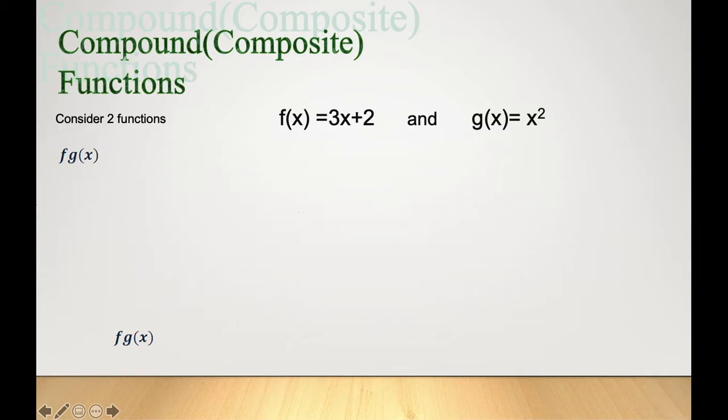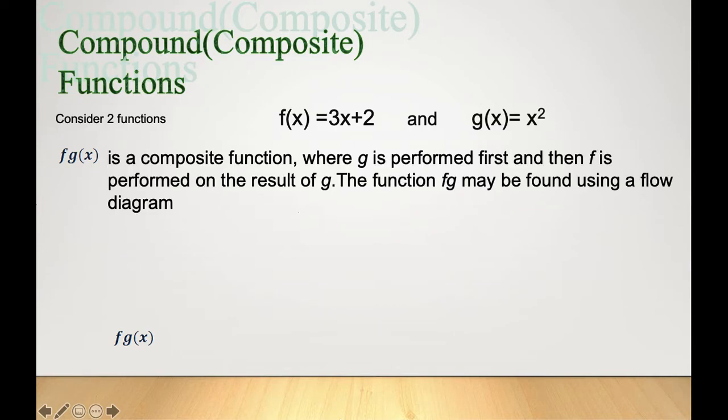Now students, f of g of x means what? That is a composite function where g of x is performed first, and then f is performed on the result of g.